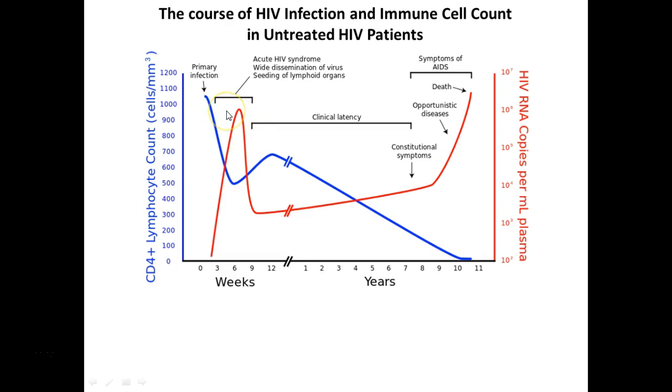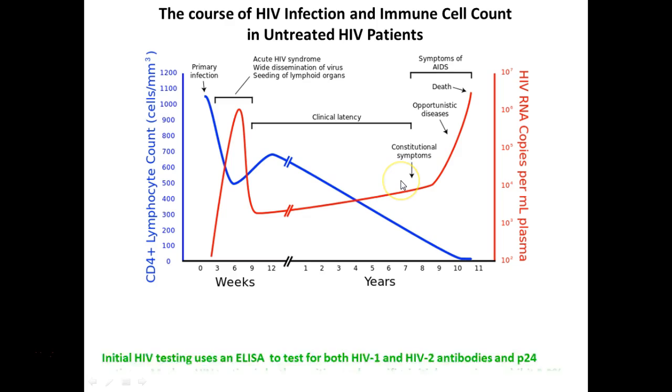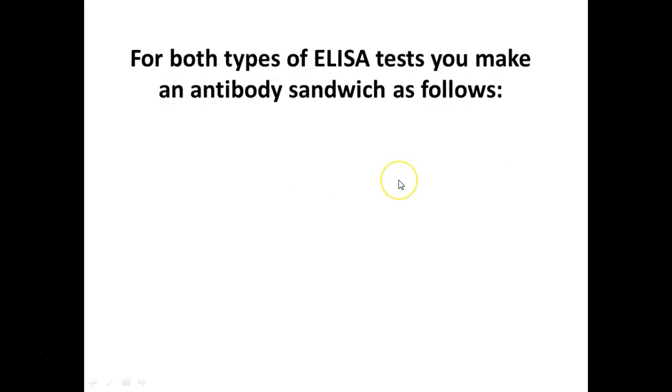The RNA from the virus. And you can see it spikes in the beginning, and in the latency period kind of levels out. But when T cells are completely destroyed, it'll spike again. So this is one of those tests that they test blood for very quickly and easily to determine if it's got the antigens or the antibodies to this.